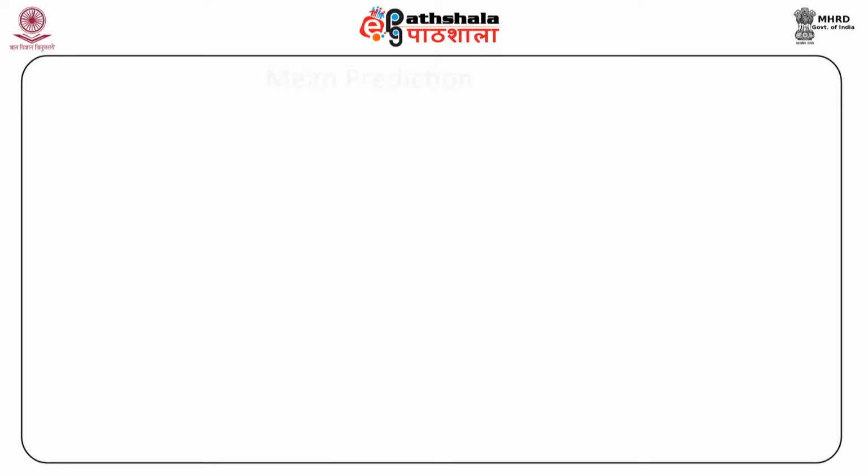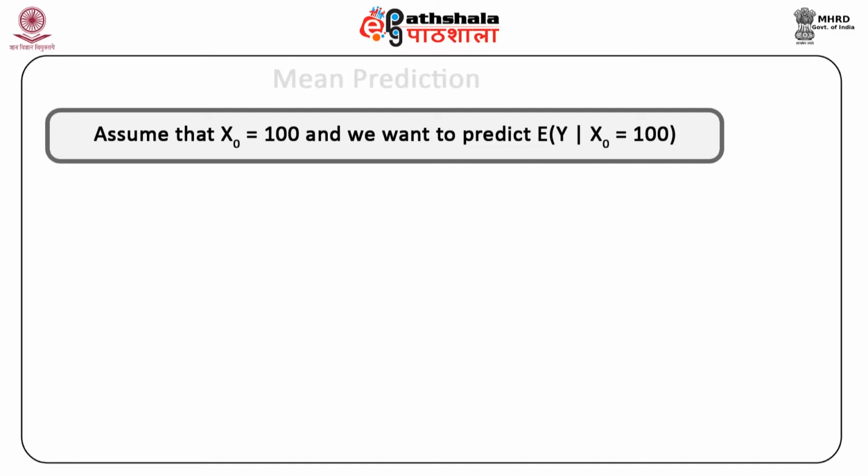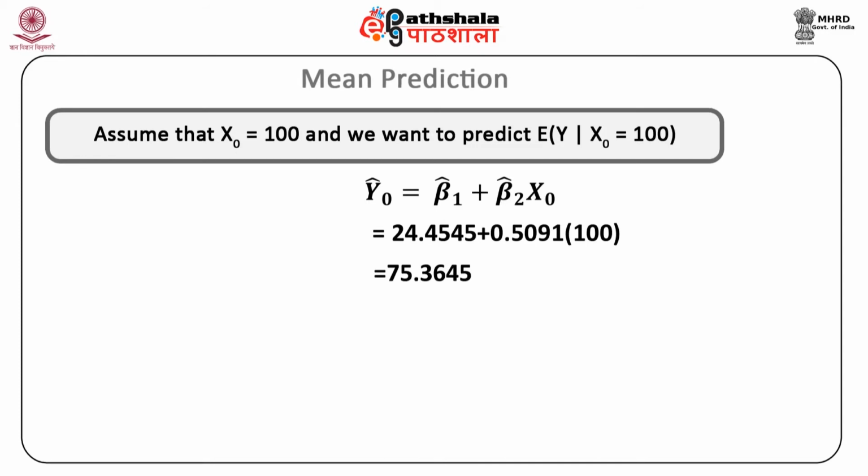Mean prediction. To fix the ideas, assume that X0 is equal to 100 and we want to predict the expected value of Y given X0 equal to 100. Now it can be shown that the historical regression above provides the point estimate of this mean prediction as follows. We know that y0 hat is equal to beta 1 hat plus beta 2 hat into x0, where we substitute the value of x0 and get the value of y0 hat.